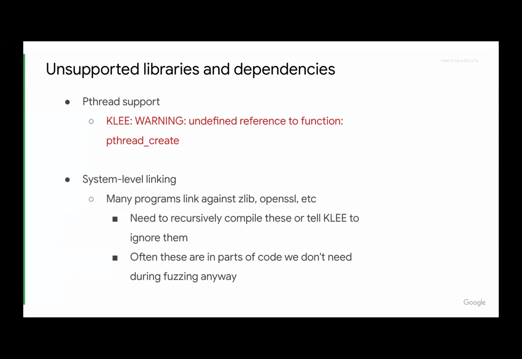So we need a way to understand all those dependencies and recompile them to generate the final BC file, or KLEE might just fail at runtime because it cannot find the function that is called. It's possible to just run KLEE anyway, even if you don't recompile those dependencies. But as I said, KLEE might fail, and if it doesn't fail, it will concretize the value, which is not really ideal when doing symbolic execution.